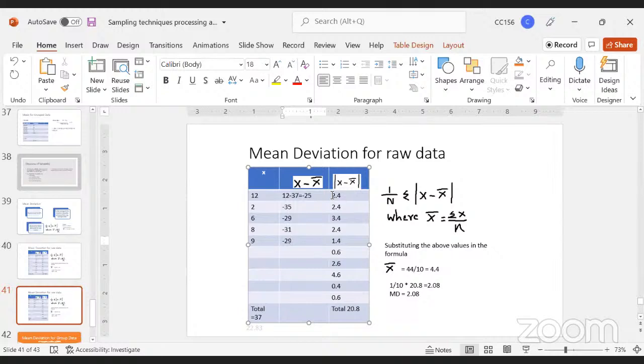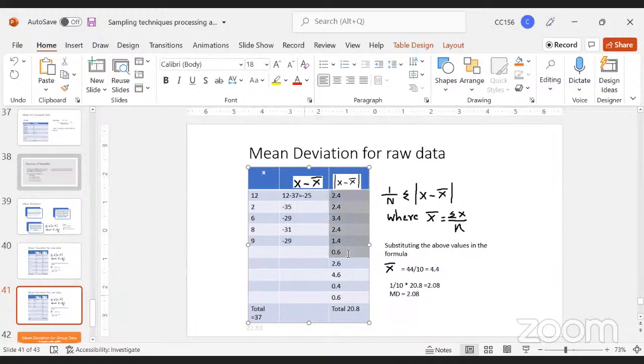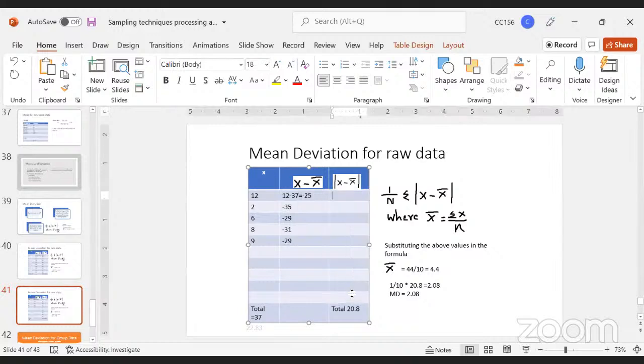Making these modulus gives positive values. 6 minus 37 is 31, and 9 minus 37 is 28.